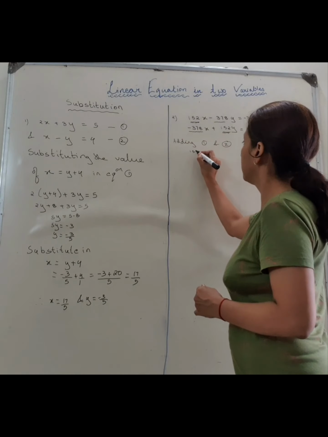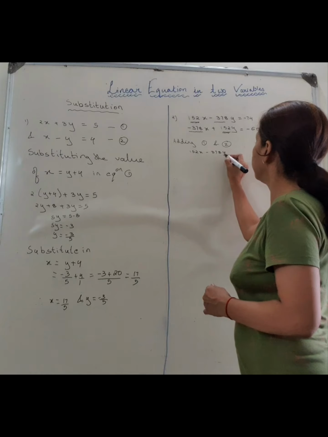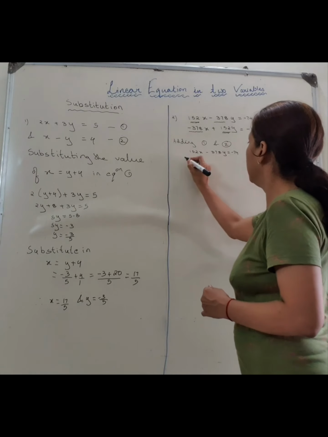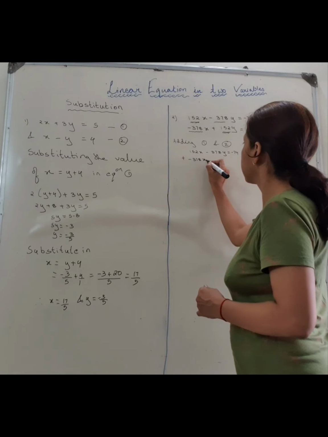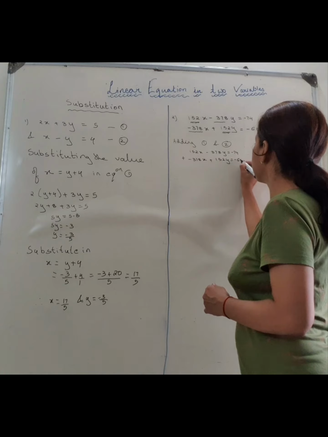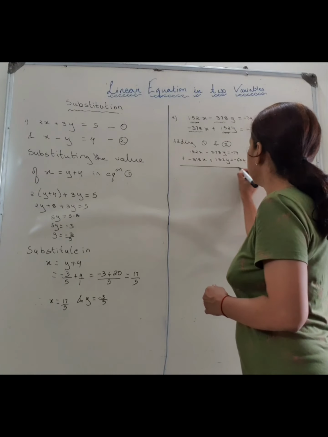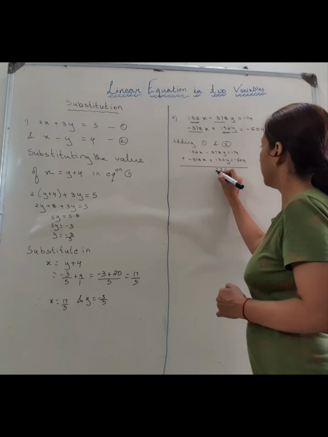It is 152x minus 378y is equal to minus 74, plus I am adding minus 378x plus 152y is equal to minus 604. So when I add, the signs will not get changed.